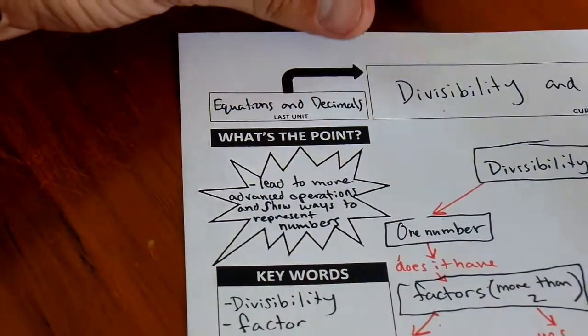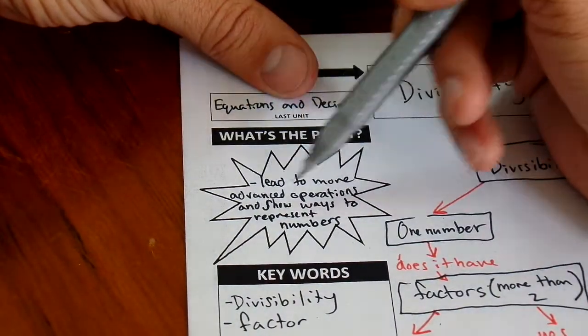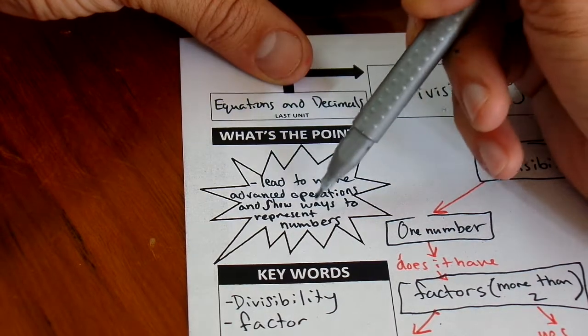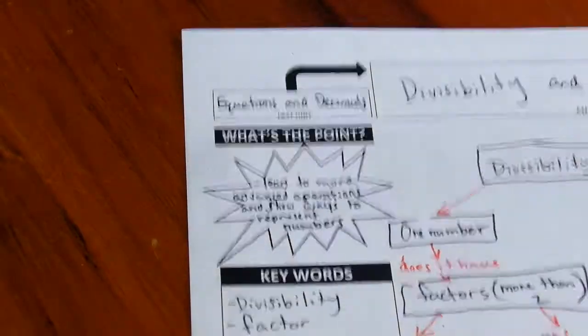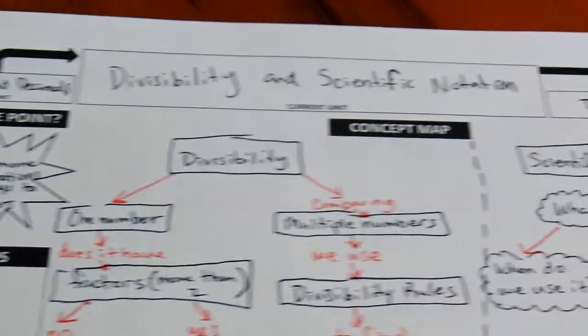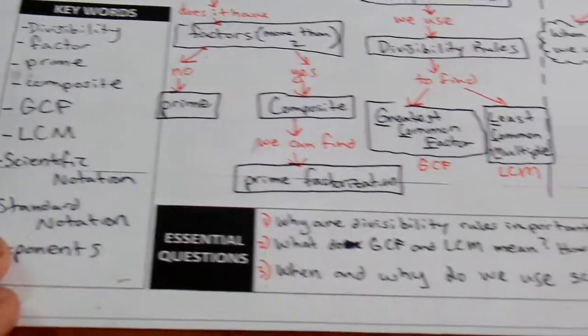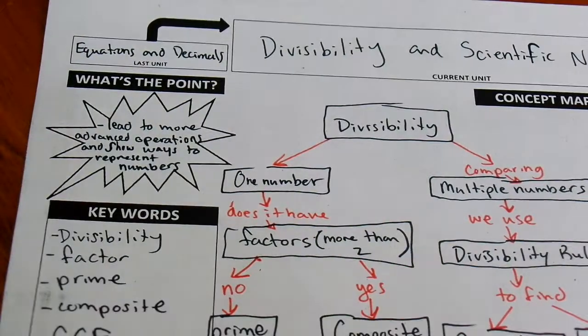So if you can't see that, it says lead to more advanced operations and show ways to represent numbers. And there is your entire map. You can pause it whenever you need. Less than 10 minutes. You're welcome.